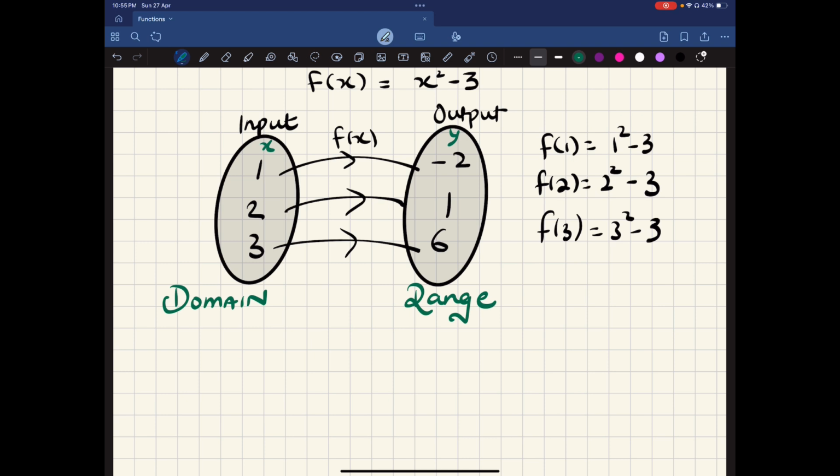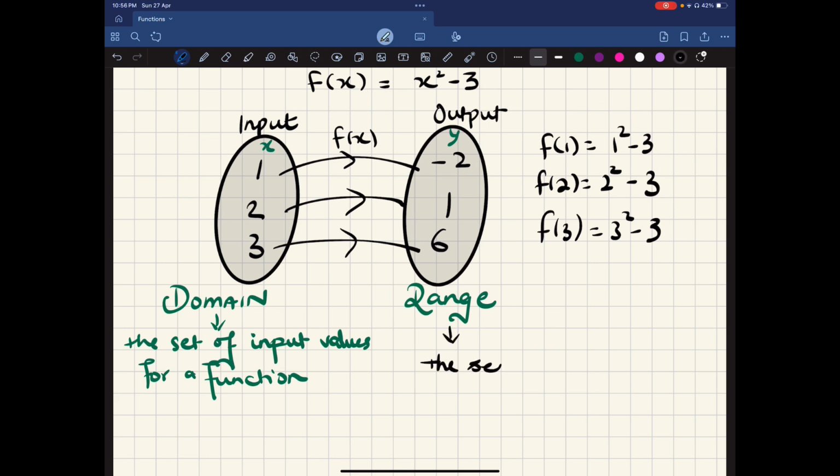Okay, so the domain is the set of input values for a function, while the range is the set of output values for a function.